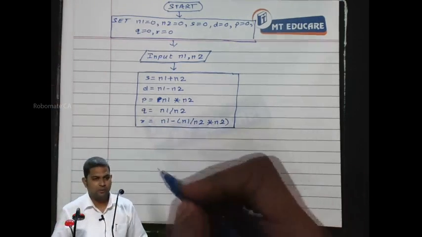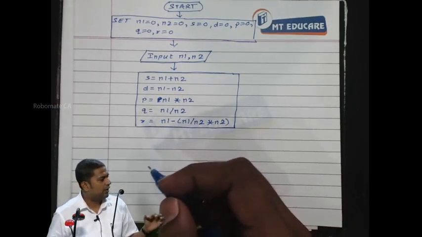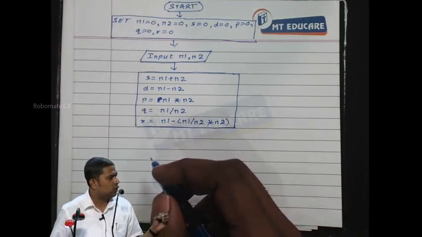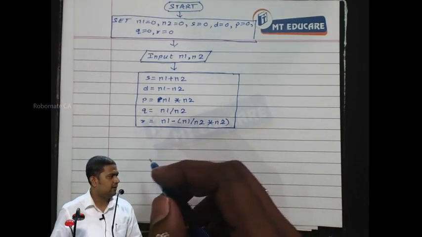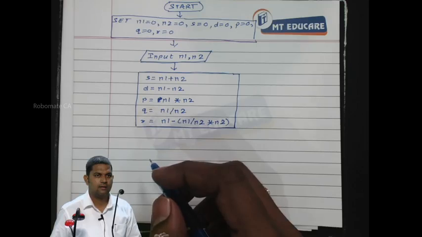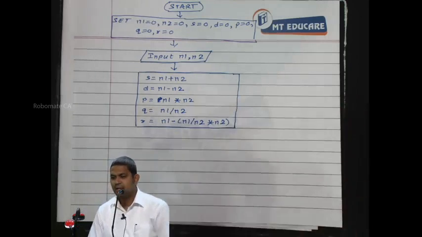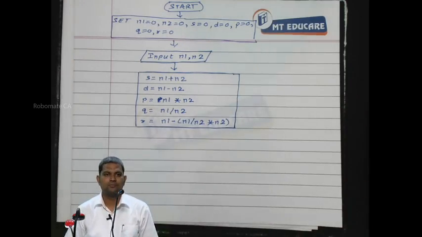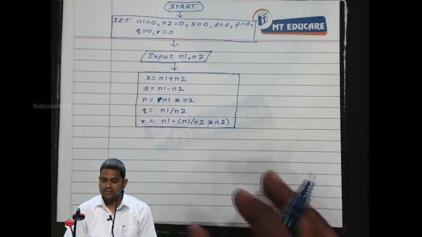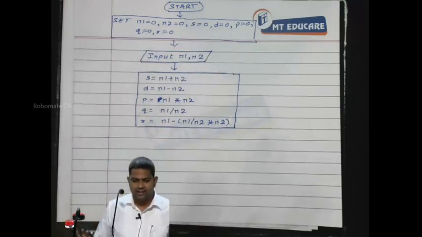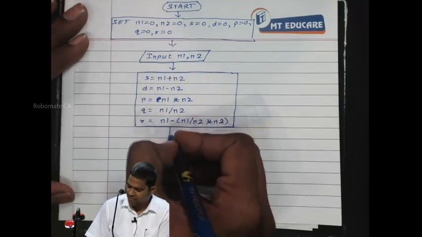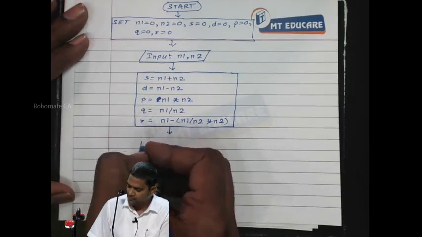All this is processing, so it is inside one common box. I said don't write. It is inside one common box. Now all the answers are ready. So now it's the time for output. Output will be display.